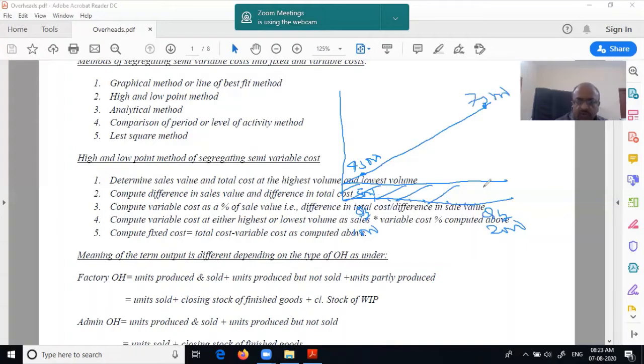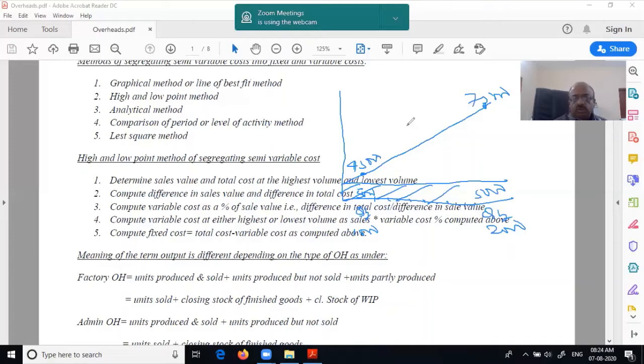What we need to understand is that this 5,000 remains the same all across, right? So the change in this semi-variable cost is actually the change in your variable cost.